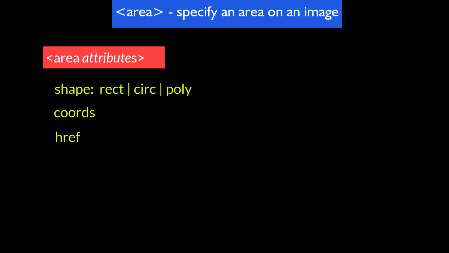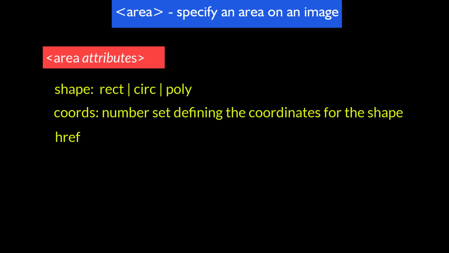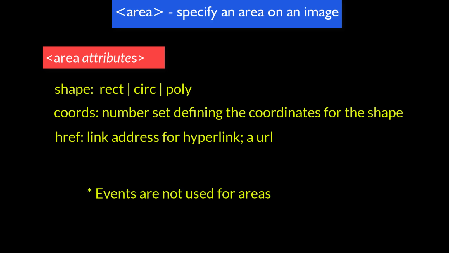The coords attribute is a number set defining the coordinates for the shape. And href is the link address for the hyperlink, a URL. So these are the essential attributes. Events are not used for areas. The tricky part, as you might imagine, is getting the coords value right.